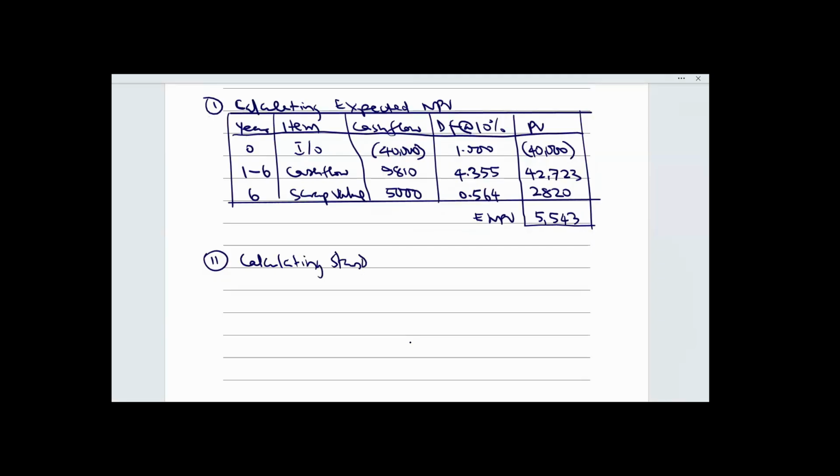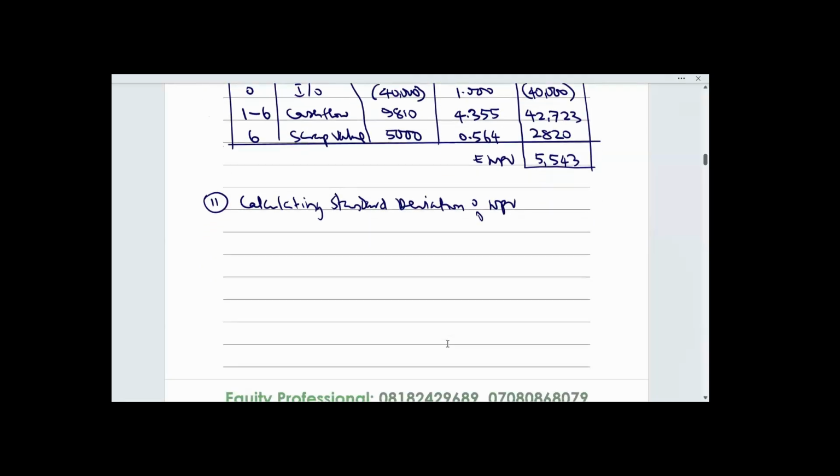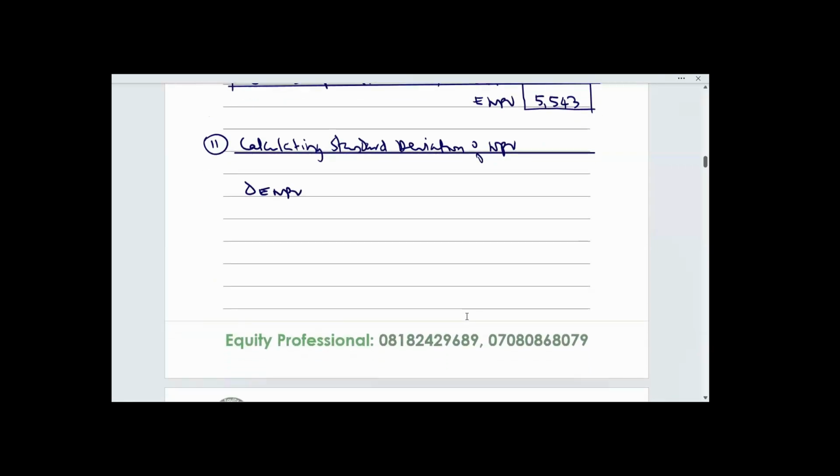To calculate standard deviation of NPV, like I said, the formula to use will depend on whether cash flows are mutually dependent or we are given independent cash flow. Since we are given mutually dependent cash flow, I will just say standard deviation multiplied by annuity factor.